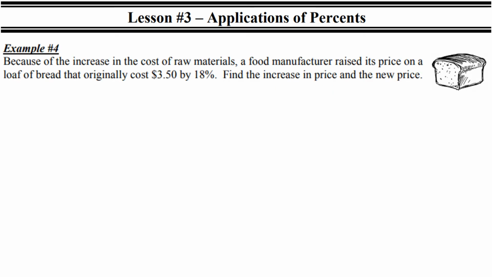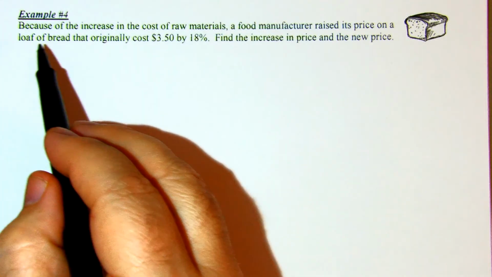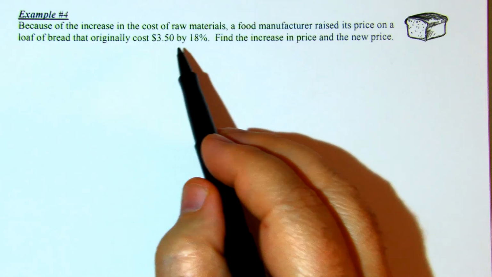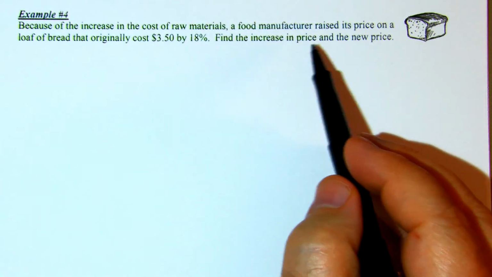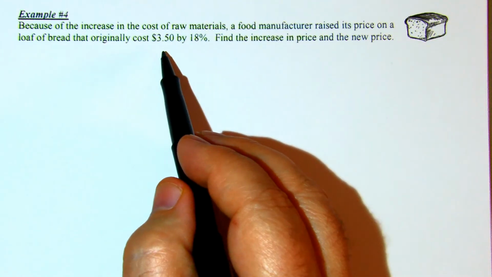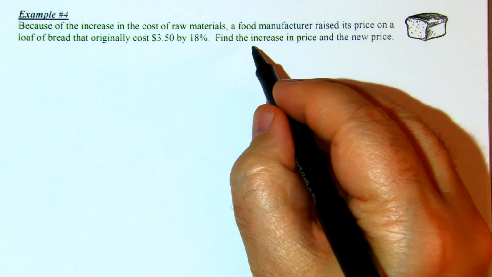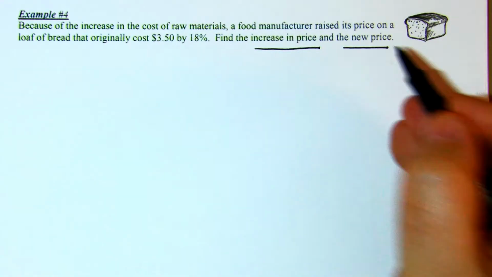Let's take a look at an example. Example 4. Because of the increase in the cost of raw materials, a food manufacturer raised its price on a loaf of bread that originally cost $3.50 by 18%. Find the increase in price and the new price.